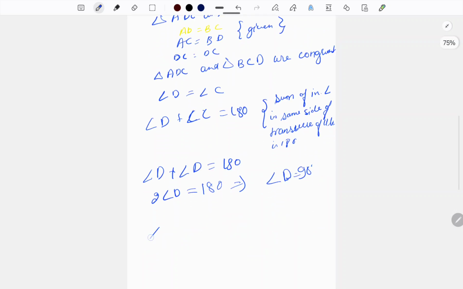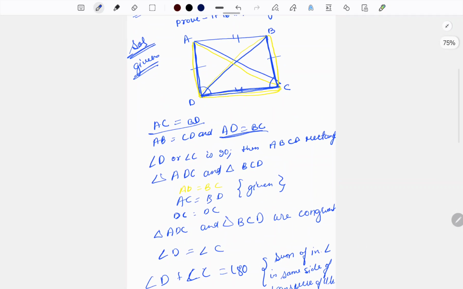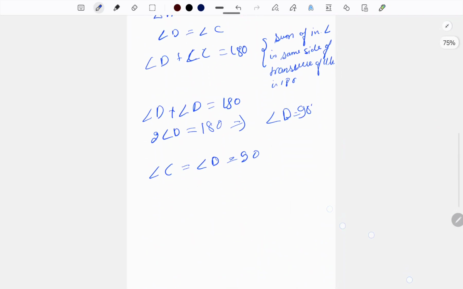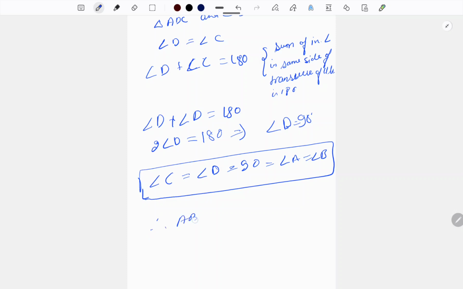So since angle C is equal to angle D is equal to 90 degrees, and opposite angles of a parallelogram are equal, therefore angle C will be equal to angle A and angle D will be equal to angle B, and all will become 90 degrees, and therefore ABCD is a rectangle, and hence proved.